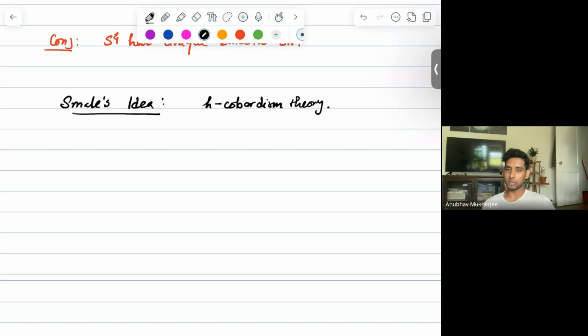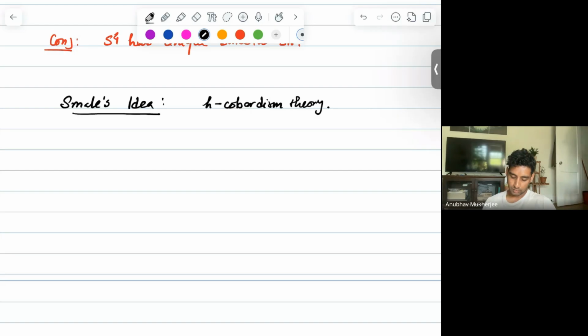The idea of this theory is that he could understand when two things are the same if he could understand the submanifolds. As I said, the strategy is always to use some kind of submanifold inside a manifold to understand things. And in his theory, he developed this idea of when two submanifolds can be made disjoint. That was his key idea: when he can make things disjoint from each other, then he can define some nice maps from one to another.